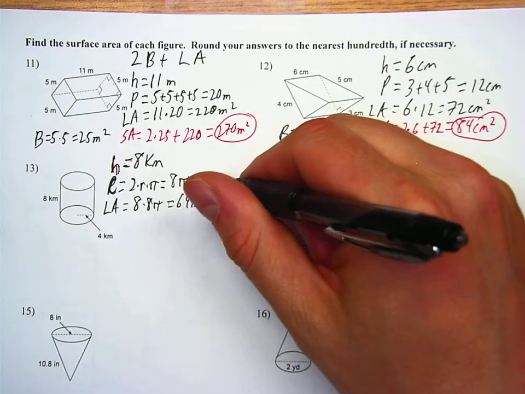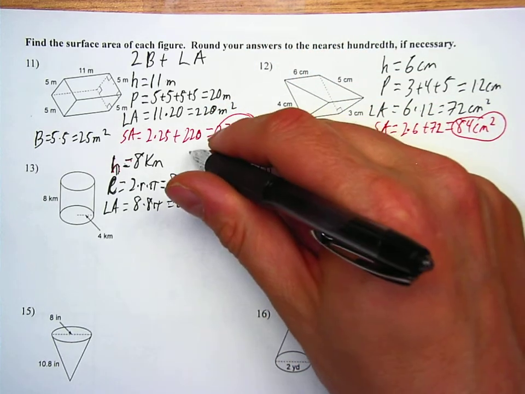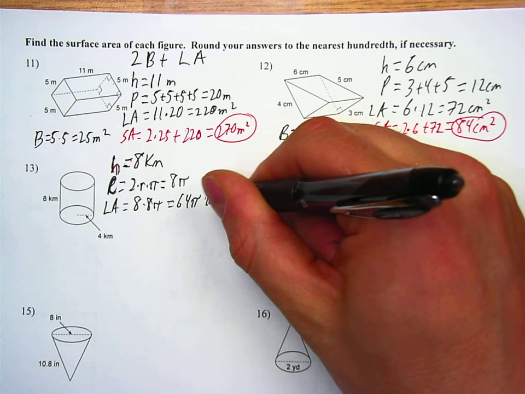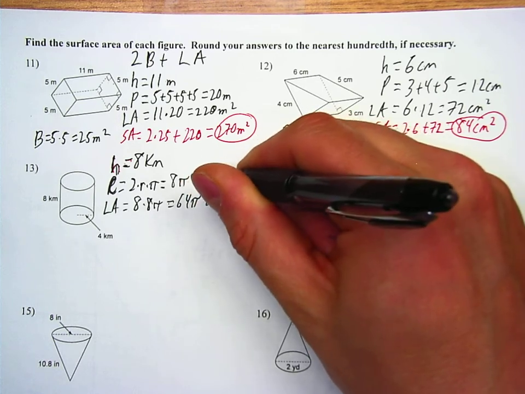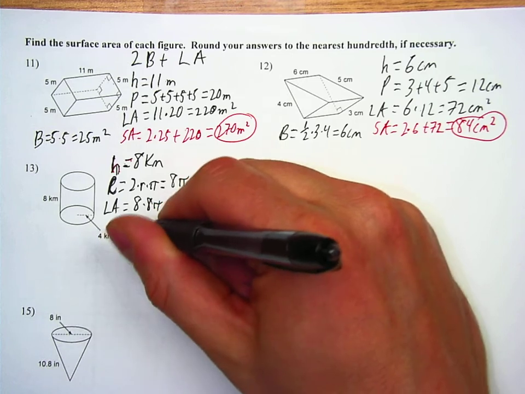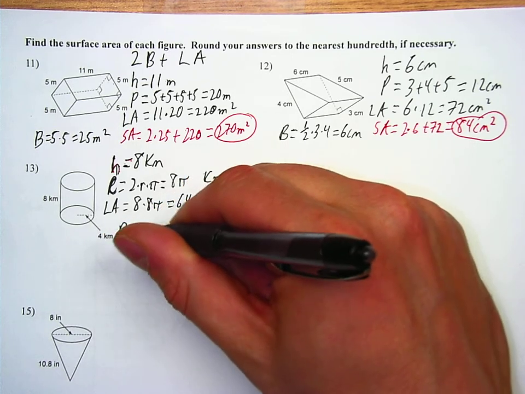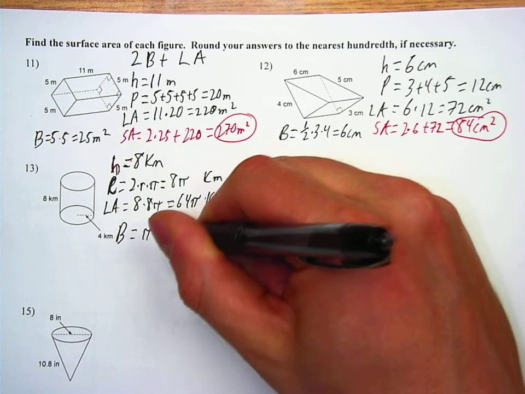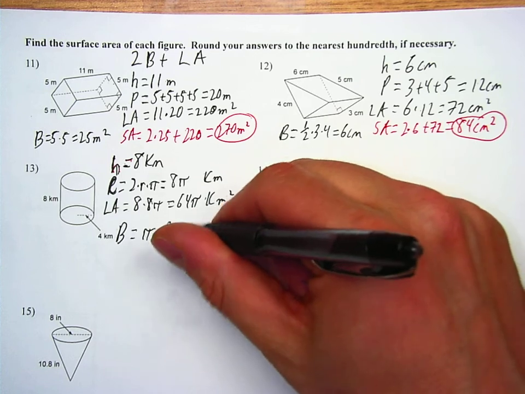That is in square kilometers now. These are all in kilometers. This last one's in square kilometers though. The area of the base is pi times r squared. So in other words, it's pi times 4 squared, 16 pi.